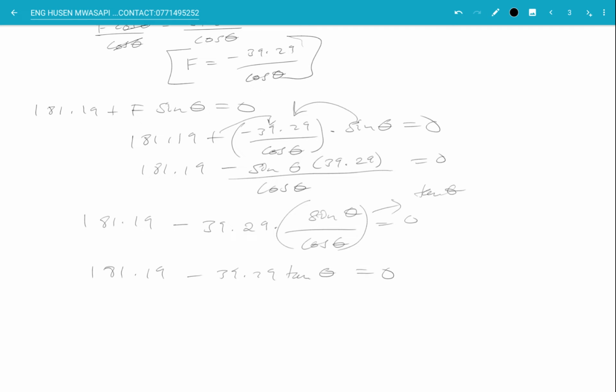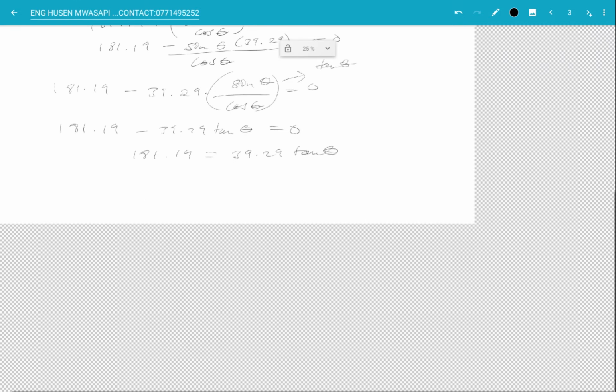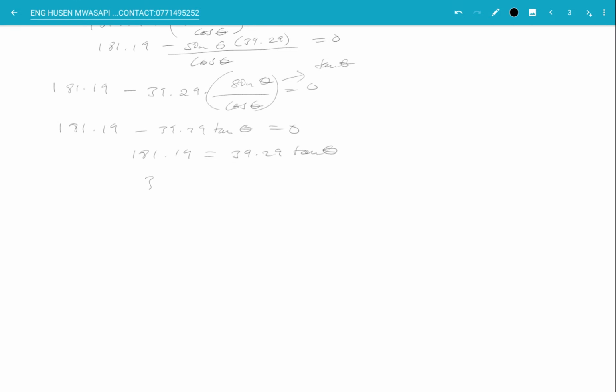So you can now do this systematically. This can go on the other side of the equation, and you have 181.19 equal to 39.29 tan theta. So 39.29 tan theta is equal to 181.19.